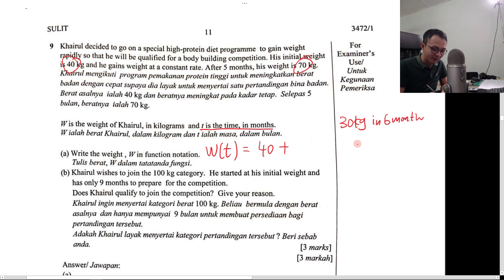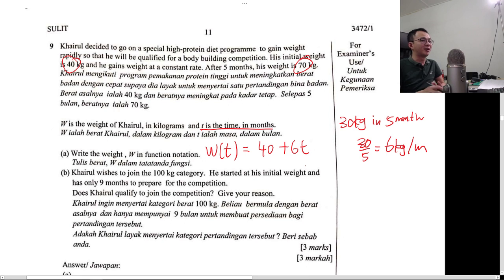I want to know about 1 month, because T is the value in months, so I will use 30 divided by 5 and get 6. So he will increase 6 kg per month. So it's W(T) = 40 + 6T.